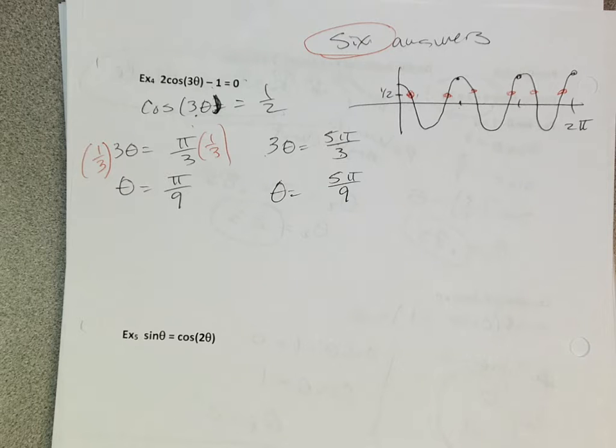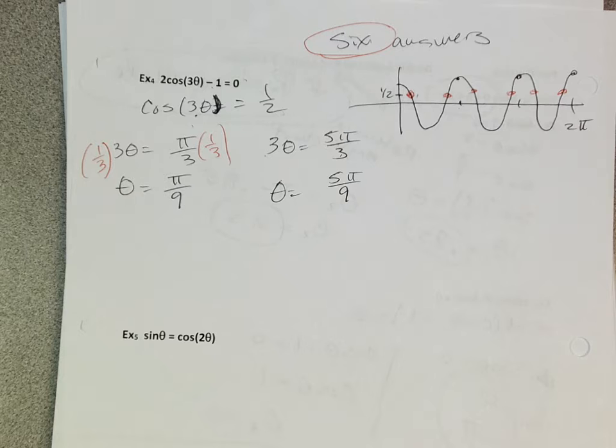Except alpha in this case really is my 3 theta, okay? I hope I didn't confuse you with alpha. It's just another crazy Greek letter. So then what I've got is, in a sense, 3 theta equals that, and then I just divide by 3, divide by 3. Levi, does that help a little bit to explain that?